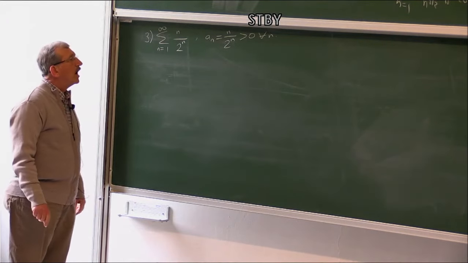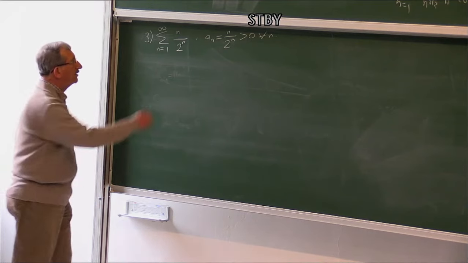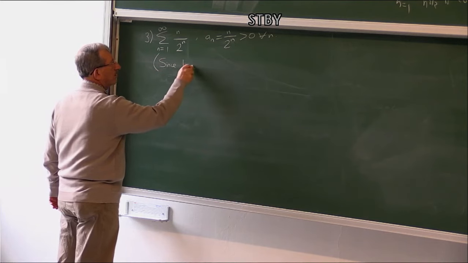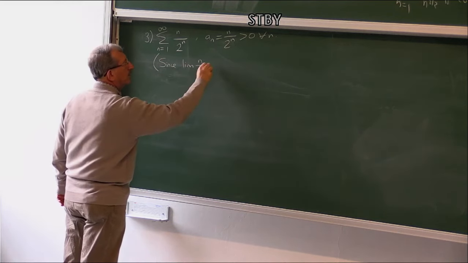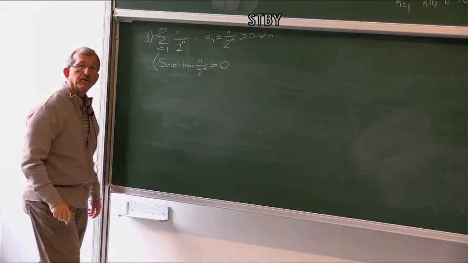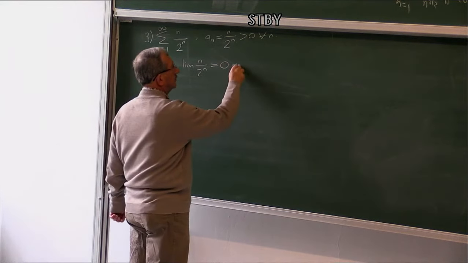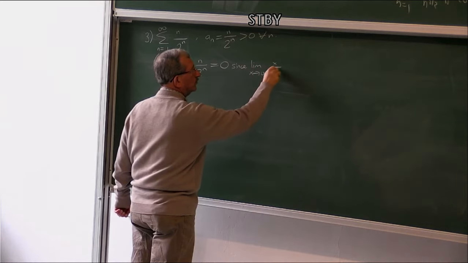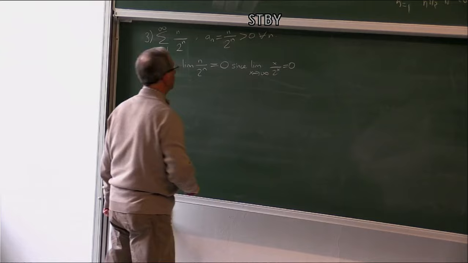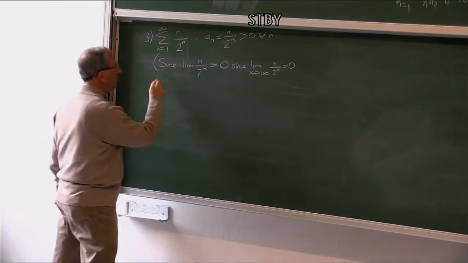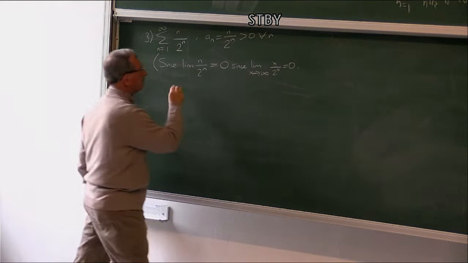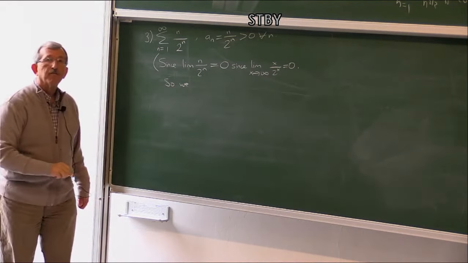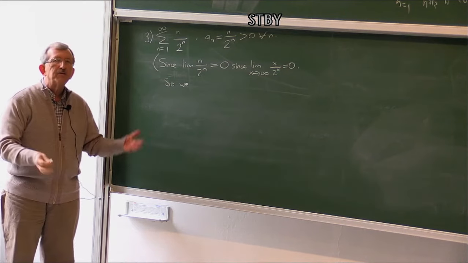Now, when we look at the limit, we clearly see that it is 0. This is because the limit as x goes to infinity of x over 2 to the x is 0 by L'Hopital's rule. So we can think of this series as possibly convergent.